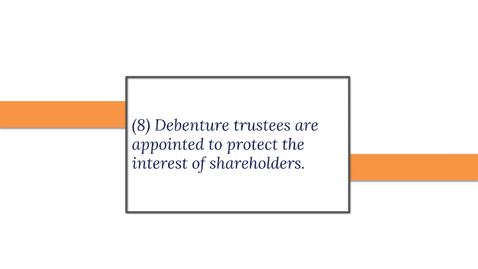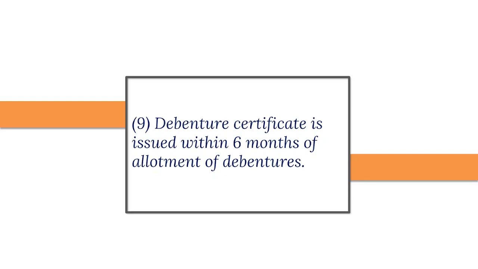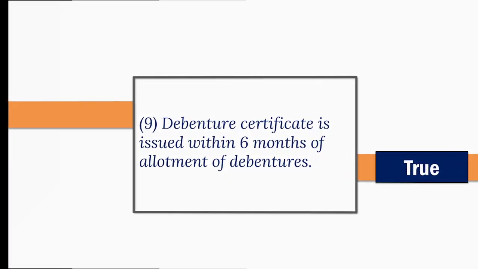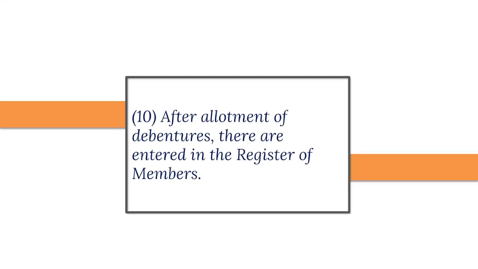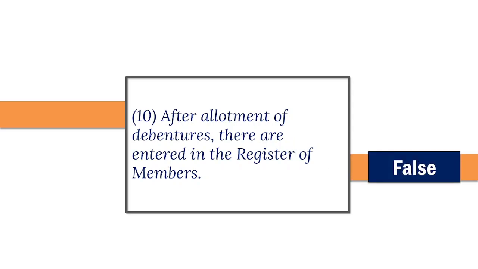This statement is false. 9. Debenture certificate is issued within 6 months of allotment of debentures. This statement is true. 10. After allotment of debentures, they are entered in the register of members. This statement is false.